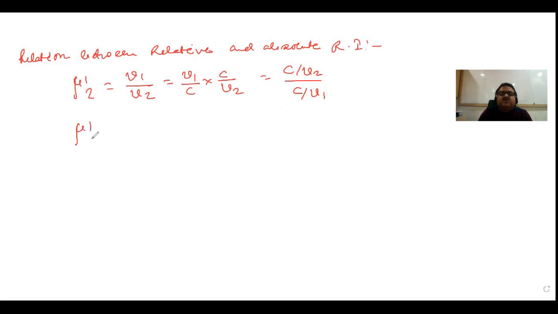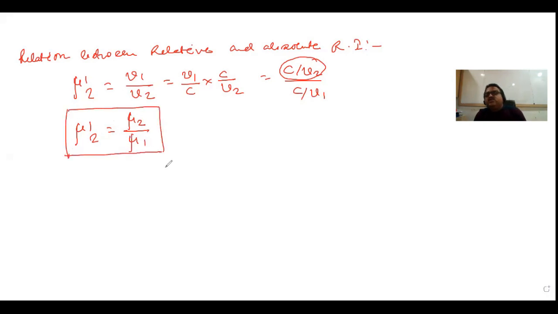So mu 1 2 is equal to C by V2 by C by V1, and as I told you, C by V2 denotes the absolute refractive index of medium 2. That is C by V2 is mu 2, and this is mu 1. So remember, 1 mu 2 is equal to mu 2 by mu 1.